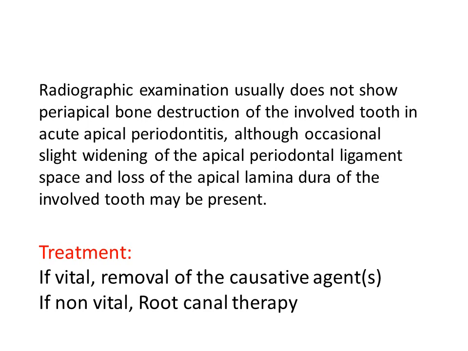Though you will find some widening in the apical periodontal ligament. I mean, the lamina dura will be wide, okay, maybe there will be some loss of the apical lamina dura of the involved tooth, which means it will not be attached to the apex. If it was vital, just remove the cause. If the tooth was not vital, then you should do a root canal.